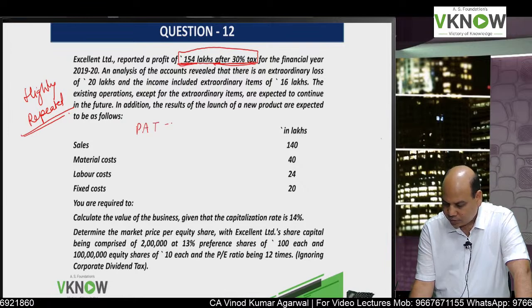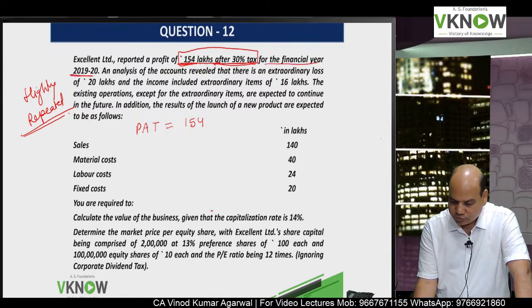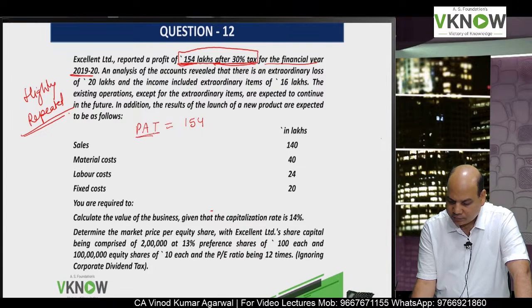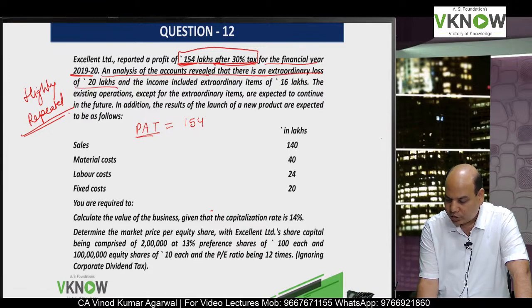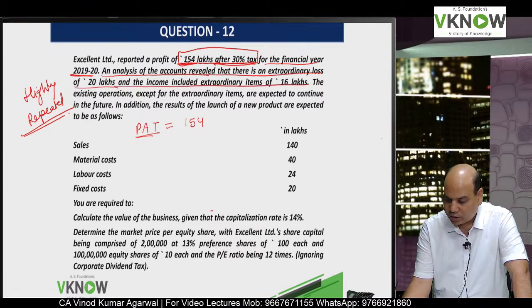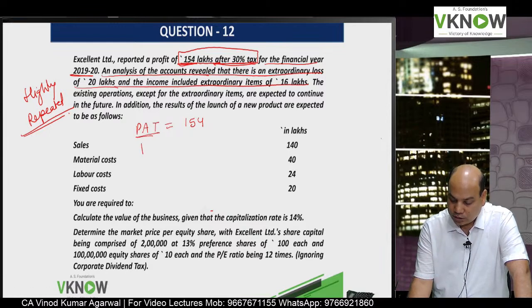So PAT is 154 for the year 1920, the previous year PAT. An analysis of the accounts revealed that there is an extraordinary loss of 20 lakh and income included extraordinary income of 16 lakh. So first you will convert PAT into PBT.